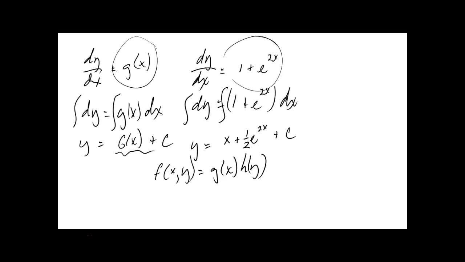The only difference is we will do, after we write it in differential form, then we'll divide by h of y, okay? And then you would have your dy over h of y, okay? Now, and that's equal to g of x dx.